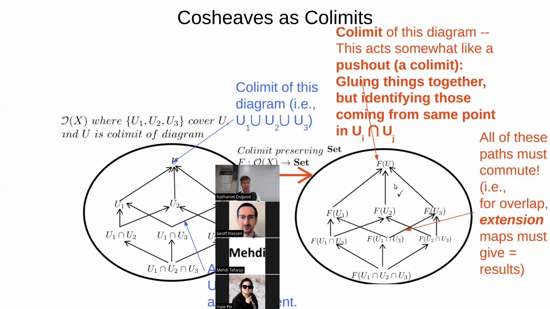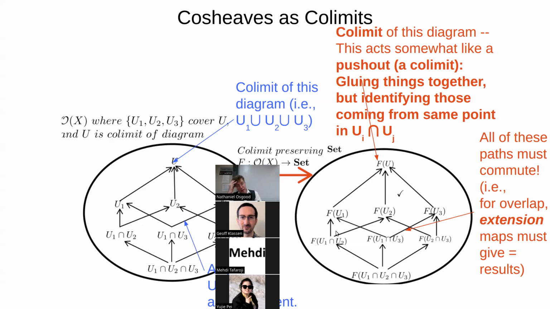Now, just like before, I tried to appeal to the intuition of a pullback for thinking about the case where we had limit preserving functors for sheaves. I want you to think about this as like a pushout. And indeed, if we only had this square here and we knocked out all these, this would be a pushout, right?